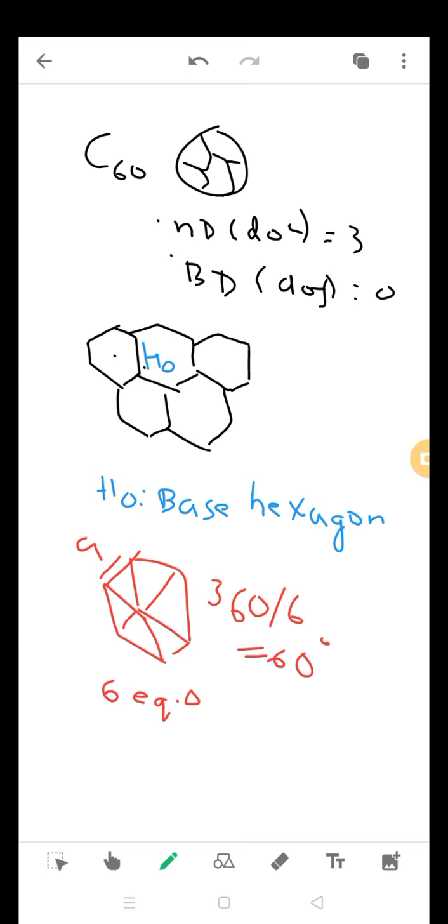Now we can divide the equilateral triangle into 2 right-angled triangles. So let us draw an equilateral triangle. This is an equilateral triangle. We can divide it into 2 right-angled triangles, 1 and 2.